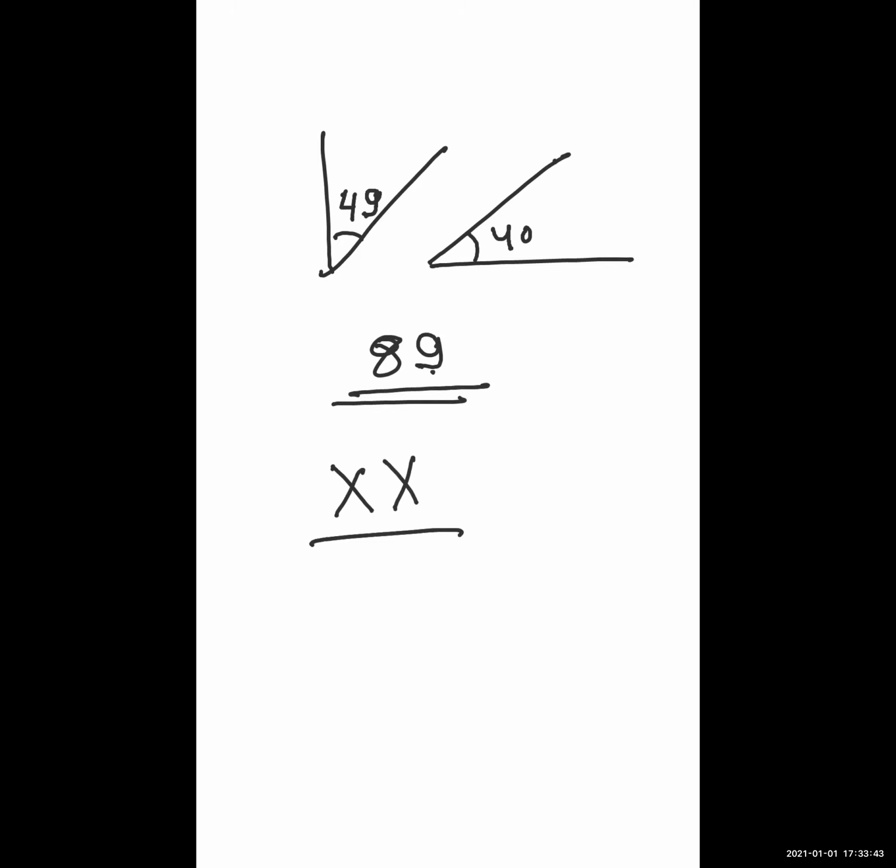If there is one angle like this, 40, and another one, for example, 49, the total measurement of these two angles is 89. So it's not complementary, because the total measurement of the two angles has to equal 90 degrees. In the previous case, yes, two complementary angles.